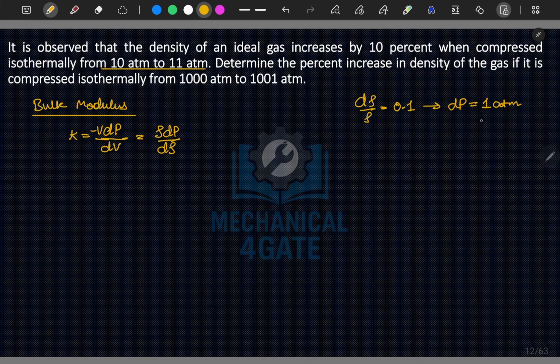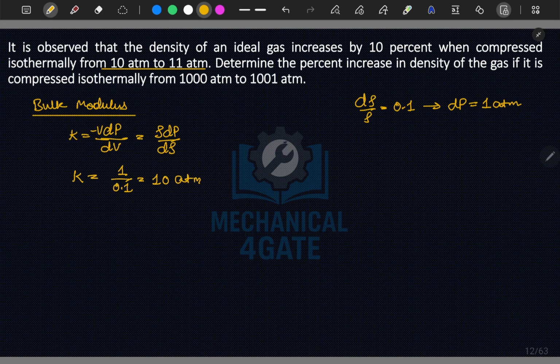Let's keep it in terms of atmosphere only. So the bulk modulus is rho dP by d rho, which is 1 upon 0.1, equal to 10 atm.